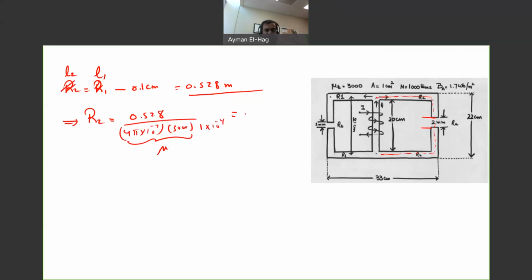This will give me 1,400,563.5 ampere turn per Weber.